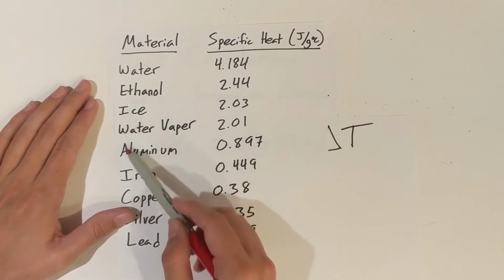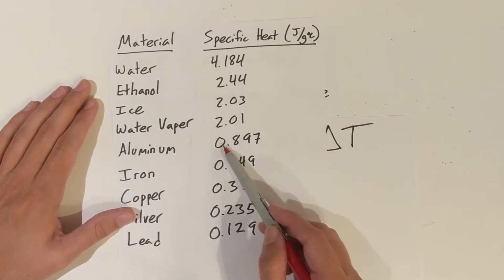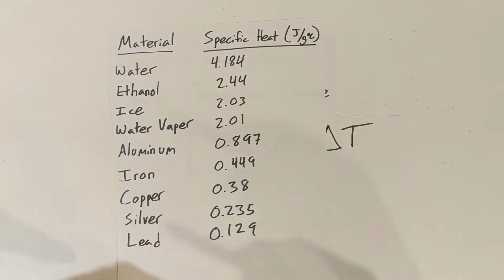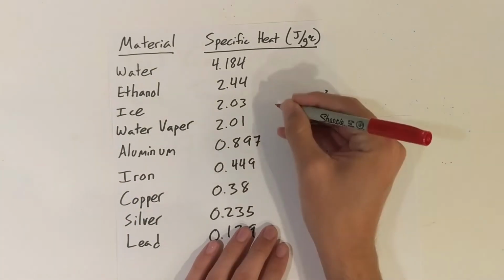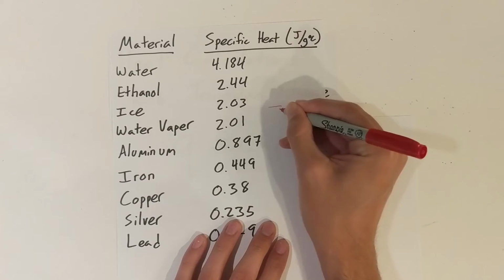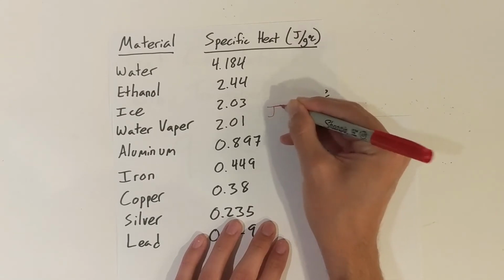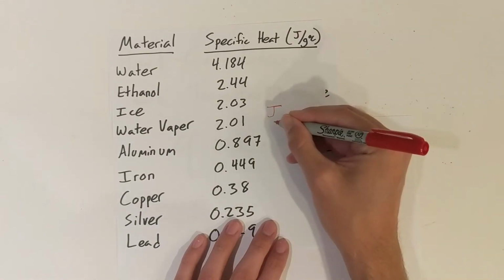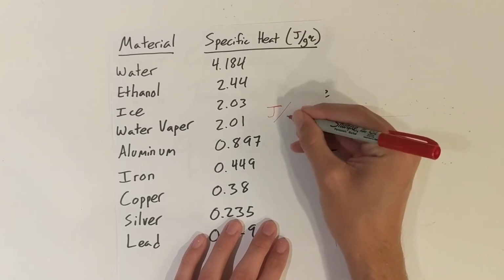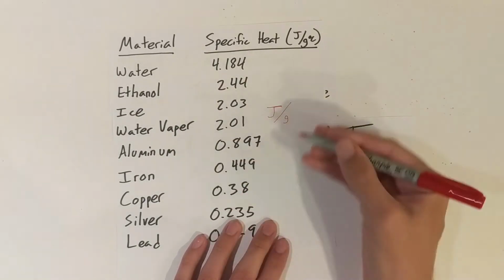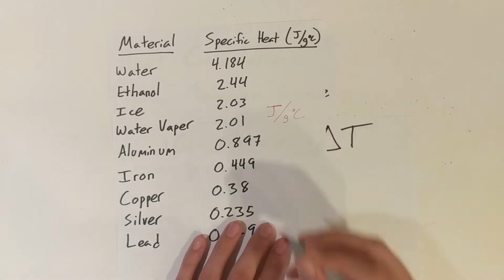Something like aluminum would have a specific heat of 0.897. And what this means is how many joules, that's a unit of energy, how many joules of energy it takes to heat 1 gram of any of these substances 1 degree Celsius.